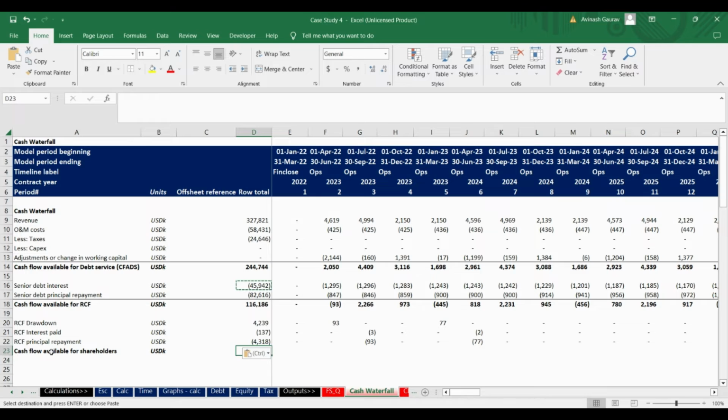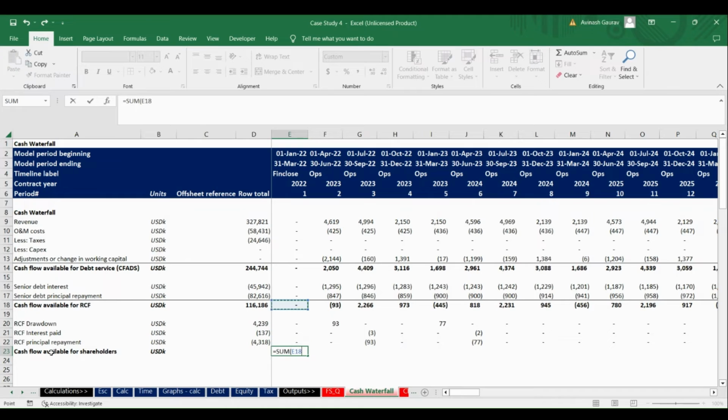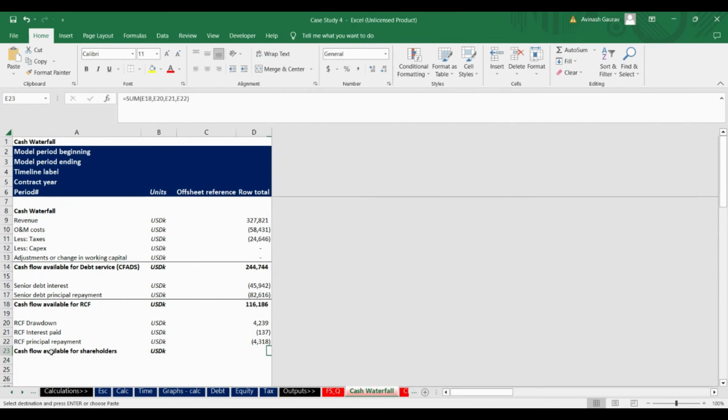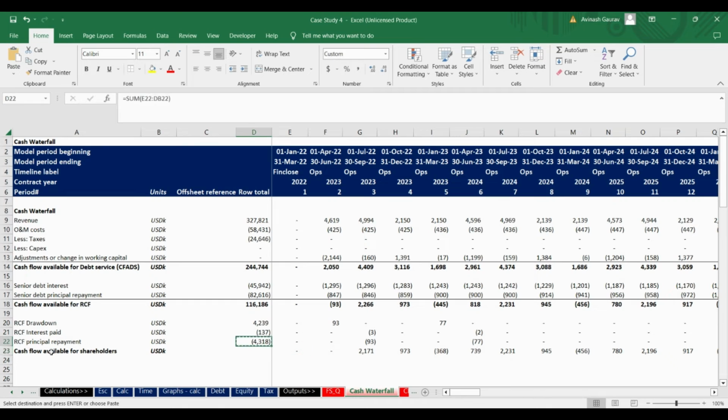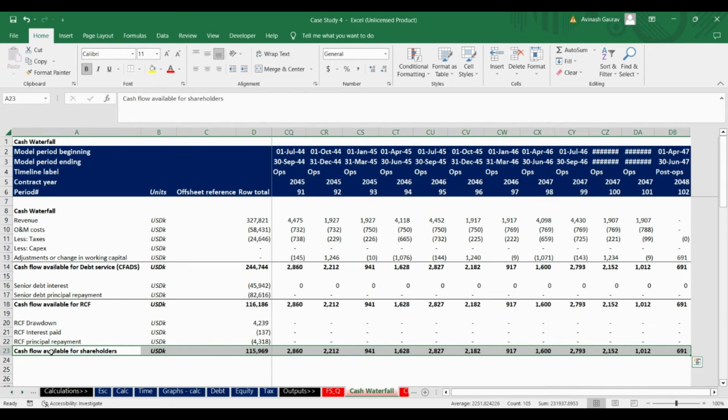So that's why once I have paid for all my mandatory expenses, then whatever cash is available, that is available for my shareholders. My cash flow available for shareholders will be cash flow available for RCF, plus RCF drawdown, minus RCF interest paid, and minus RCF principal repayment. Okay, so this is my cash flow available for shareholders.